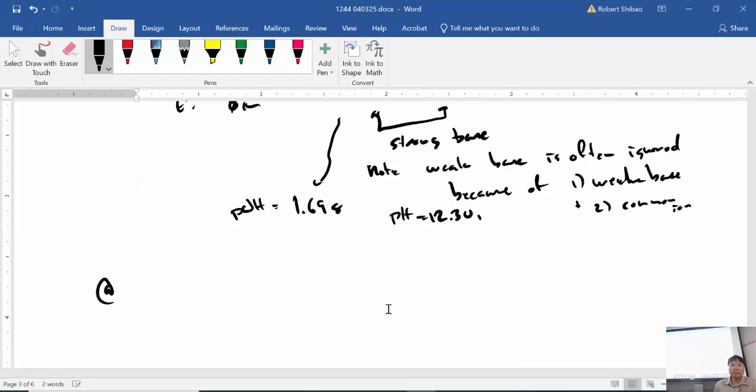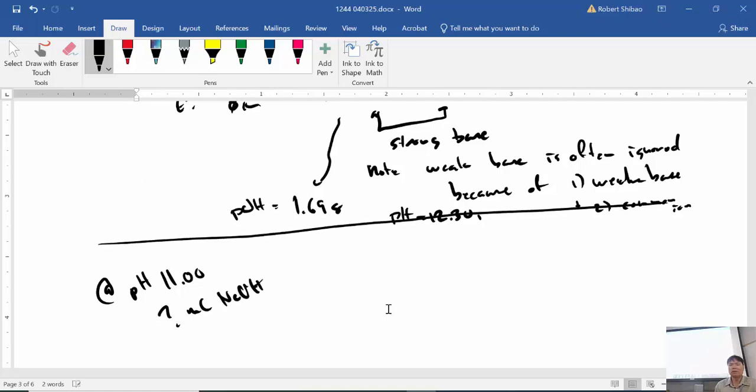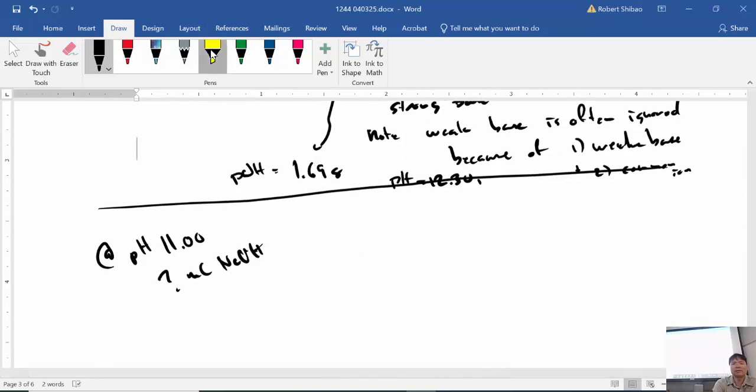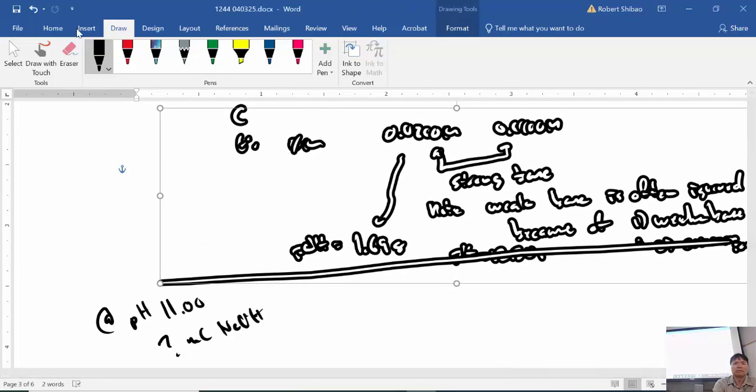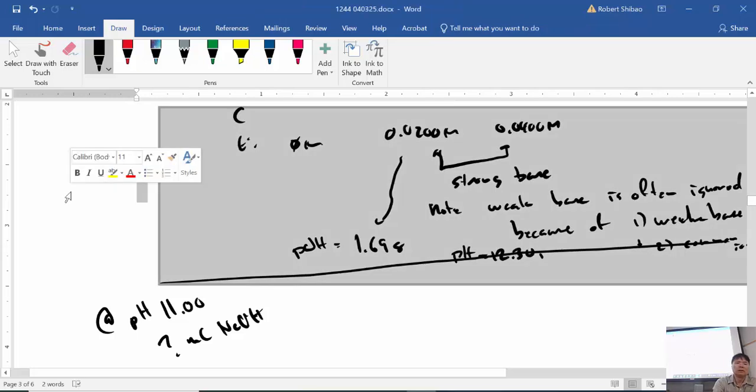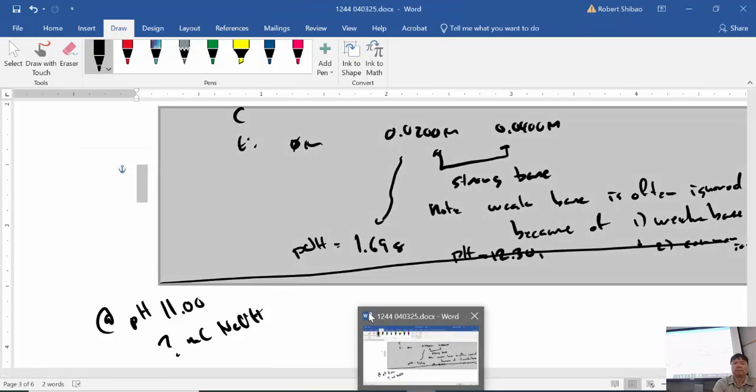So at pH 11.00, how many milliliters of sodium hydroxide will it take to get there?